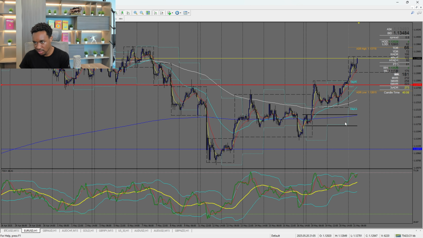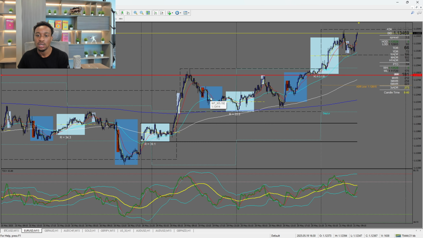This light blue is the 800, which is the 50 EMA on the 4 hour time frame, and the white one over here, the 200 EMA, is the 50 EMA on the 1 hour time frame. I should have done this from the 15. The light blue is the current 50 EMA on the 15 minute time frame.